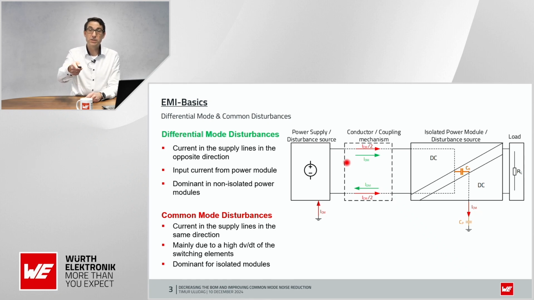First, the differential mode: as you can see, the green arrows go into the power module and come out of the power module from the input and circulate over the power supply. That means they have the same direction as the switching current. The common mode noise is a little bit different. Here you see it goes in, and the return path is over the parasitic capacitance to earth, back here, so that the whole circuit is closed.